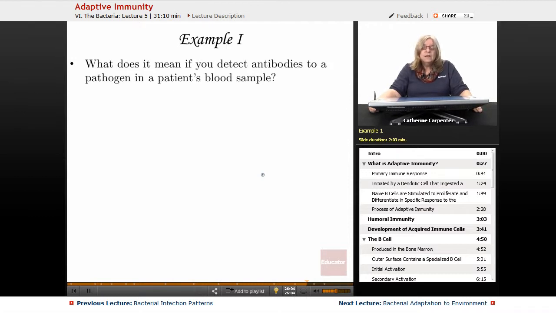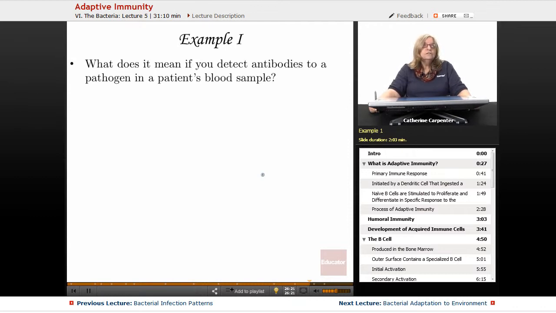or had a vaccine. And sometimes what we do is we draw what's called an antibody titer, where we actually determine whether or not the patient needs a second vaccine or needs a booster.